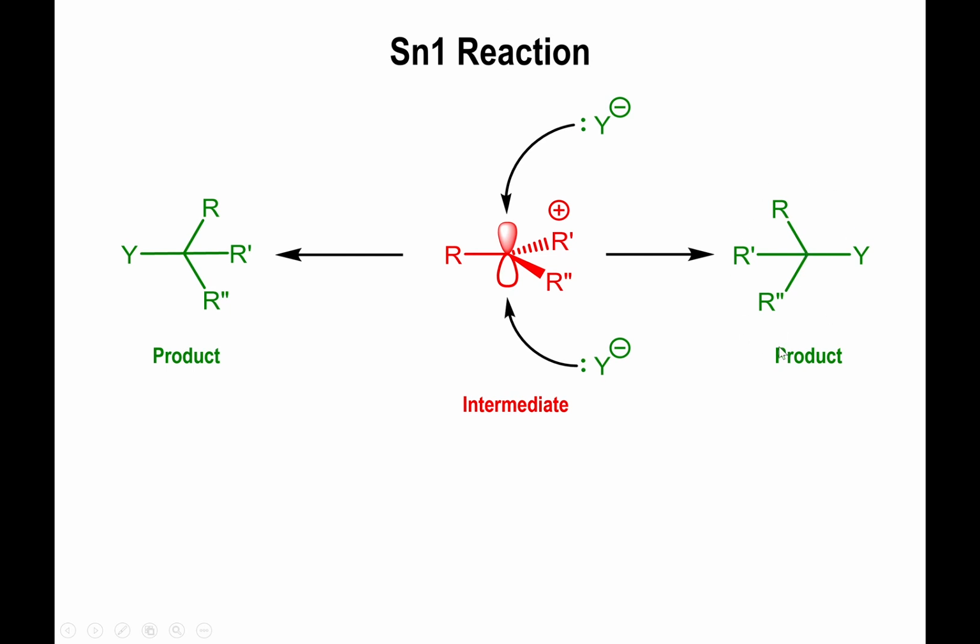And so if your molecule had three different groups and the incoming nucleophile is yet a different group from the original three, you are creating a chiral substance, but the chiral substance is basically producing both enantiomers. It's producing the R enantiomer and the S enantiomer as a result of being able to attack from both the top and the bottom face of the trigonal planar intermediate.